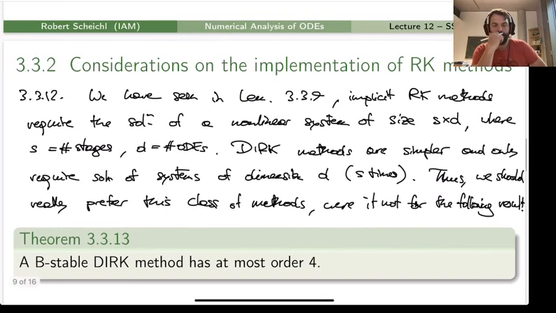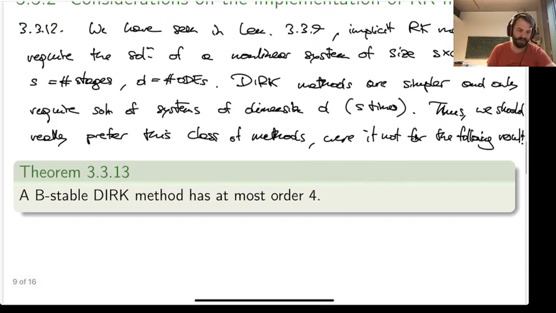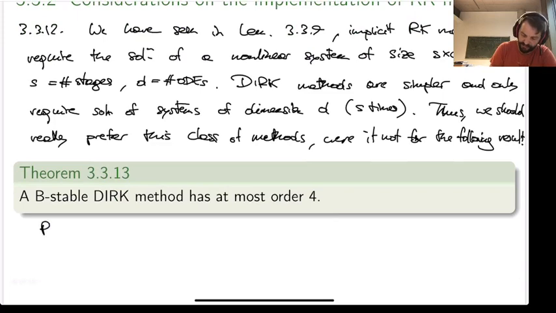Namely, we have another barrier: B-stable DIRK methods can have order no higher than 4. So we're stuck with order 4 if we're restricting ourselves to DIRKs. And so if we want really high order implicit Runge-Kutta methods, we do need to fill up also the upper triangular part of the Butcher tableau.